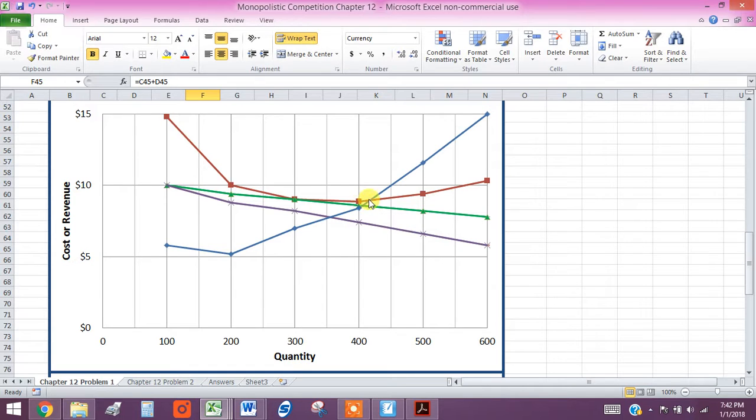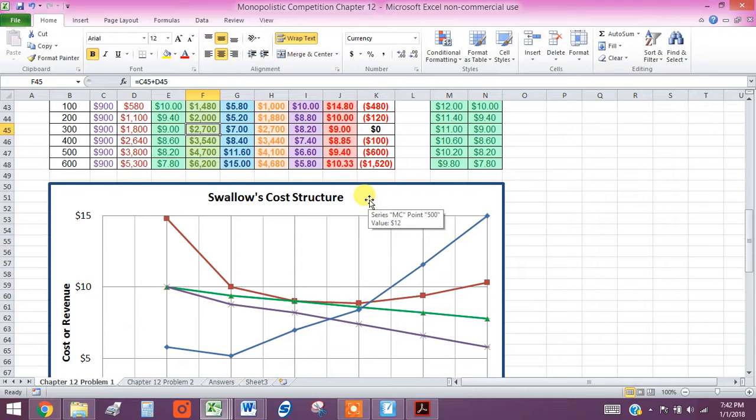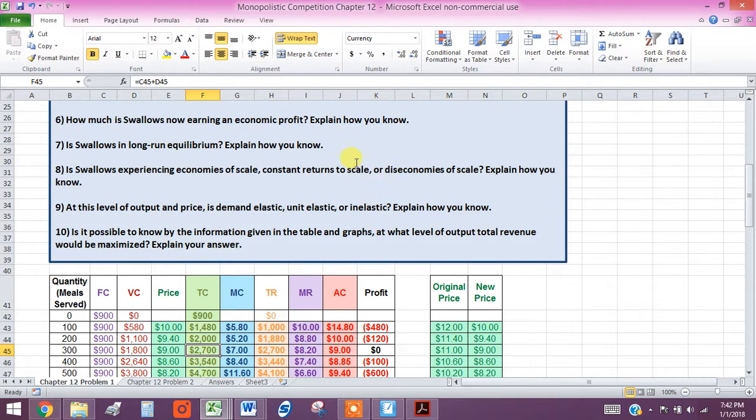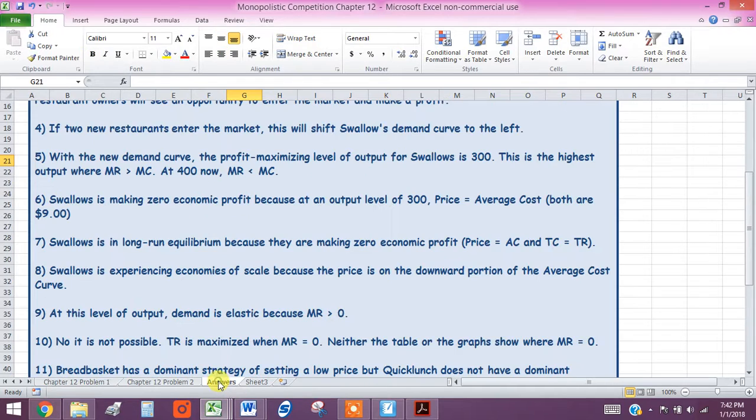I think that's an optical illusion because mathematically, theoretically, this has to be the minimum point of the average cost curve right here, where it equals marginal cost. Okay, we're almost done here. So the answer is economies of scale, because they're on the downward portion of the average cost curve.